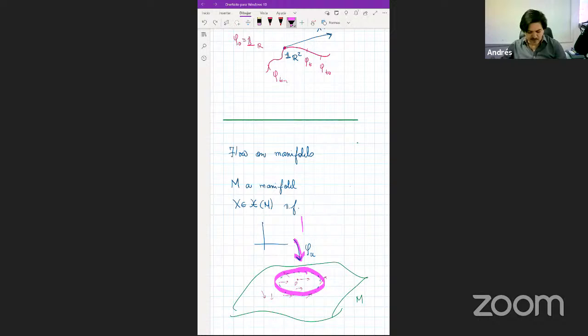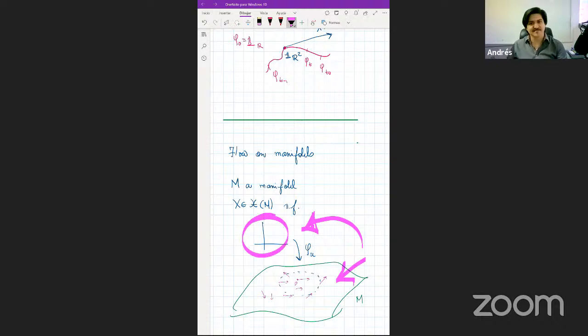So what we must do is to take this vector field and somehow define a vector field here in Rn, and then use what we know about Rn. On Rn, if I have a vector field, I can talk about the flow, or local flow more correctly.